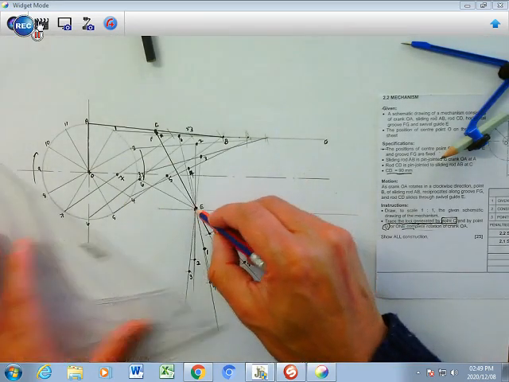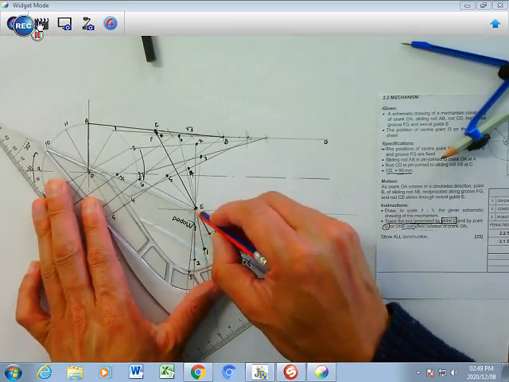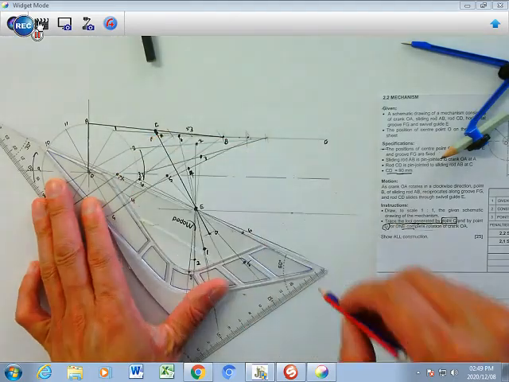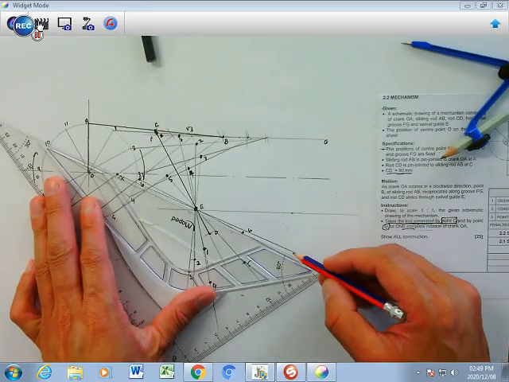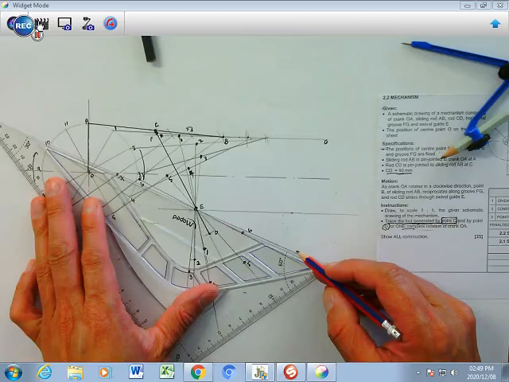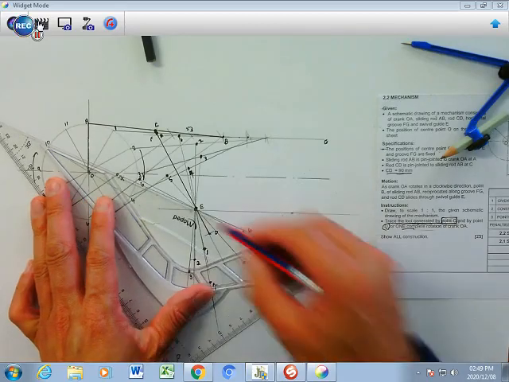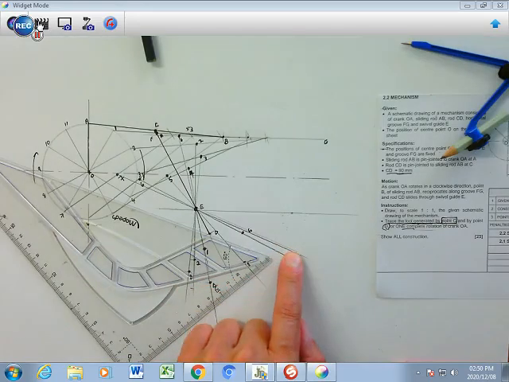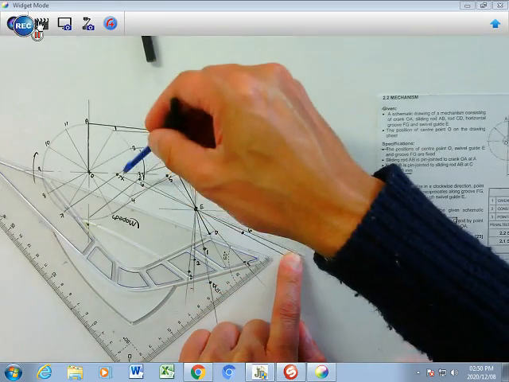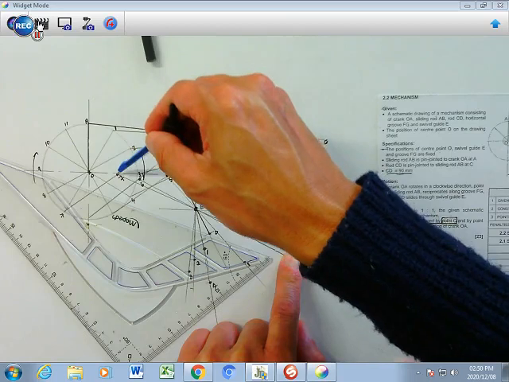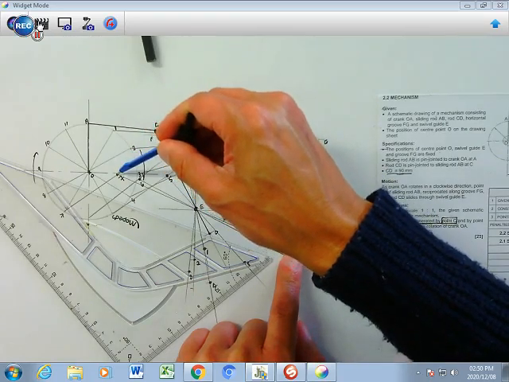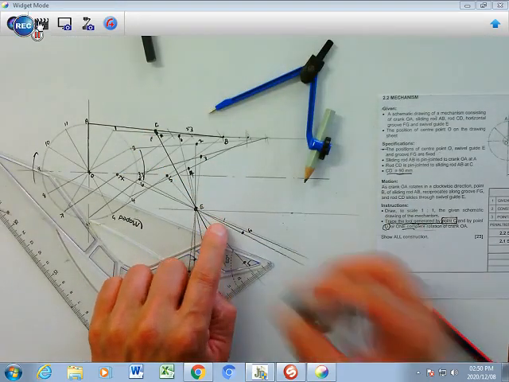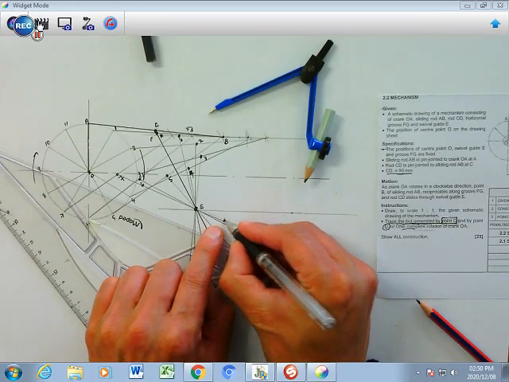That 7 goes through my swivel point over here. Right, just be careful. My swivel point over there. And then I have my 7 point marked off there. 7.